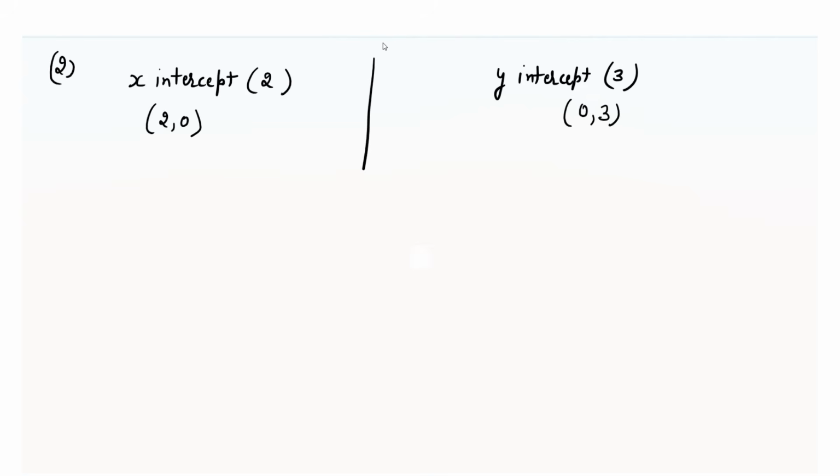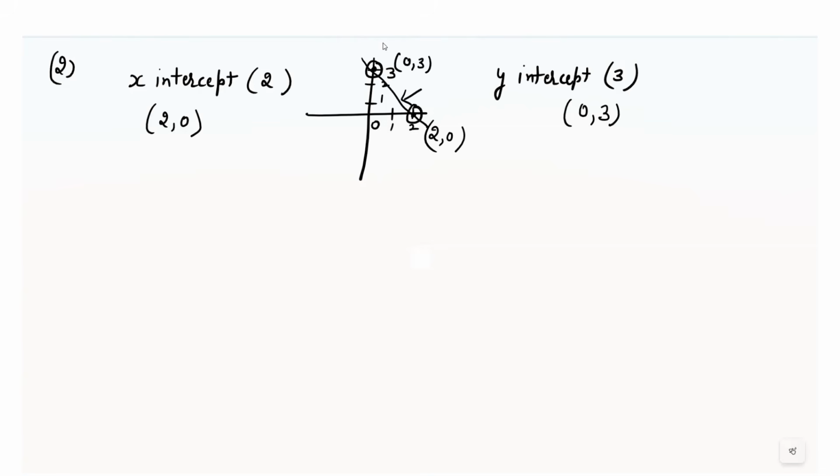If I draw a graph here, this is the y-intercept, which is 3, and this is the x-intercept, which is 2. Represented as points, this one is (0, 3) and this one is (2, 0). So we have to find the equation of the line passing through these two points, (0, 3) and (2, 0).